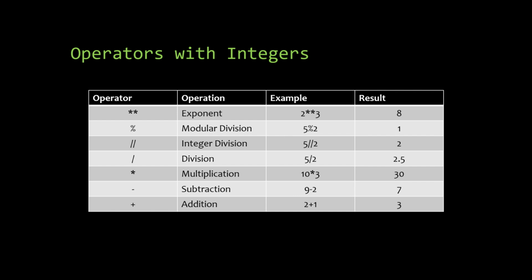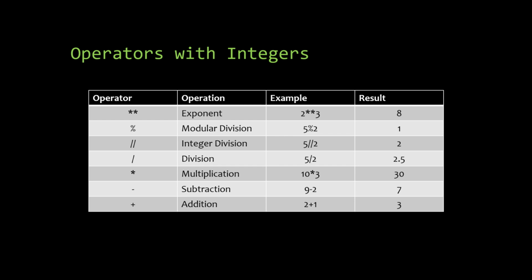And you can see how the exponents work. 2 to the power of 3 gives me an 8. 5 divided by 2, well, that's 2.5. Well, that 0.5 is a remainder of 1. So you can see in the modular division, it threw away my 2, and it kept the remainder, which is 1. Once again, that integer division, it got rid of everything that was behind my 2, so it ignored my remainder.